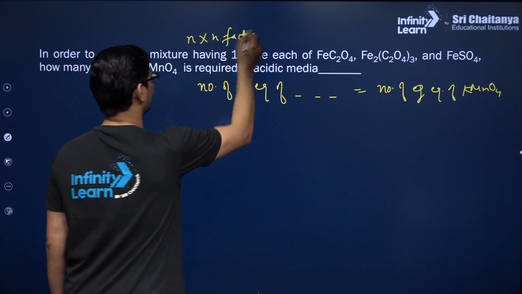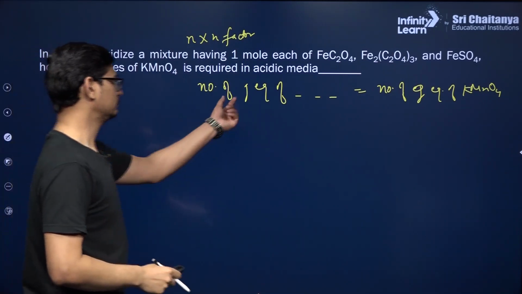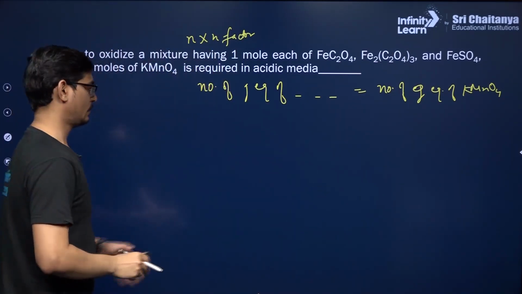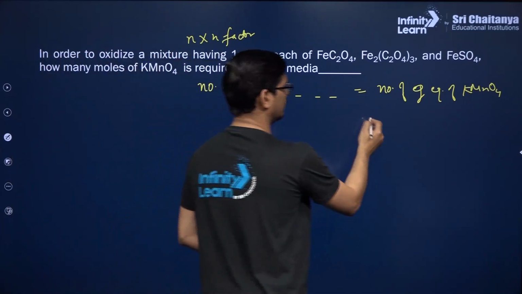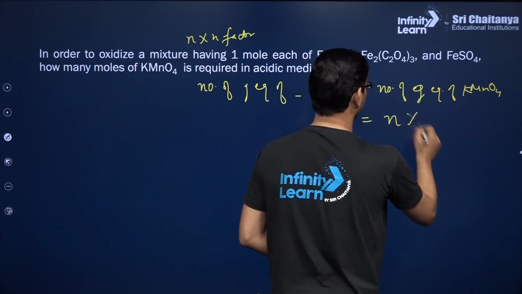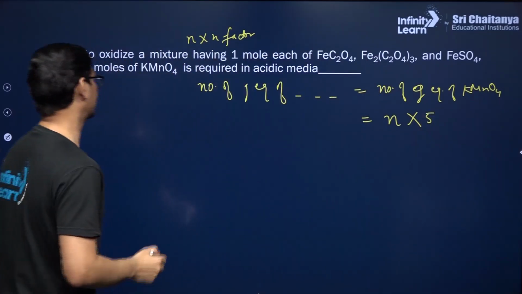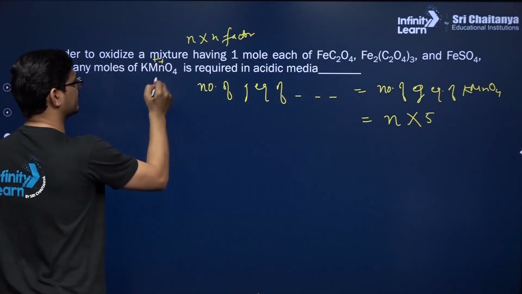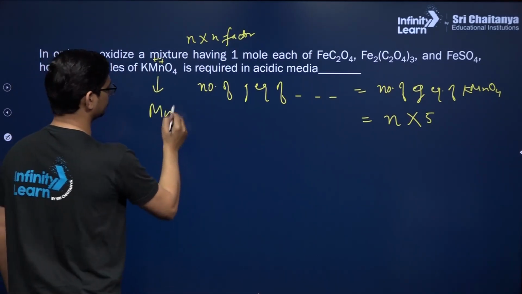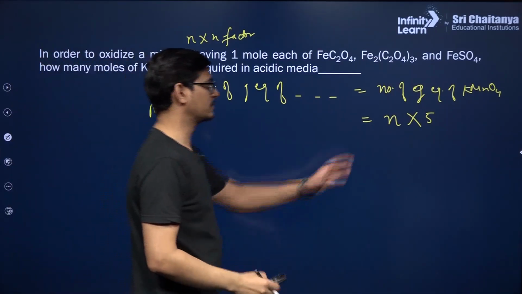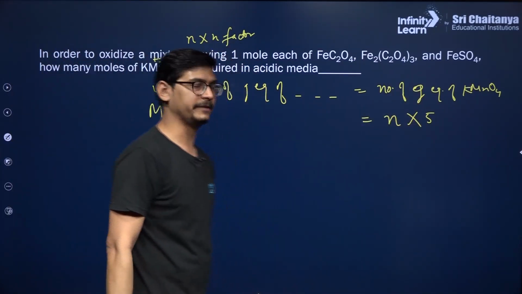Just like normality is molarity into n factor, number of gram equivalents is number of moles into n factor. So that's very easy. Number of moles of KMnO4 we don't know. N factor, yes, we do know it is 5, because in acidic medium KMnO4 goes from +7 to +2, right. So it gains a total of 5 electrons. So the number of gram equivalents of KMnO4 is n into 5.